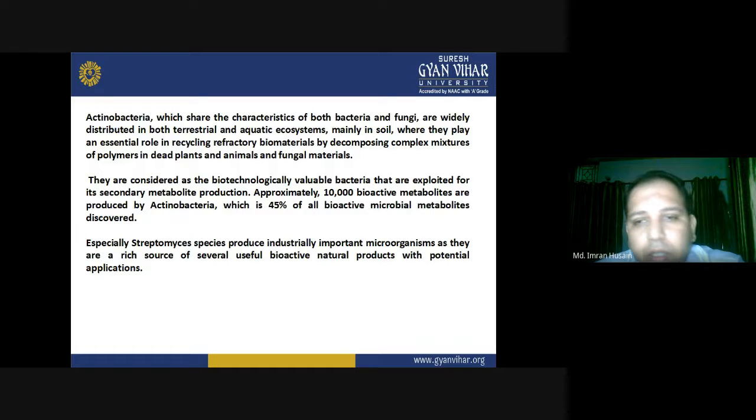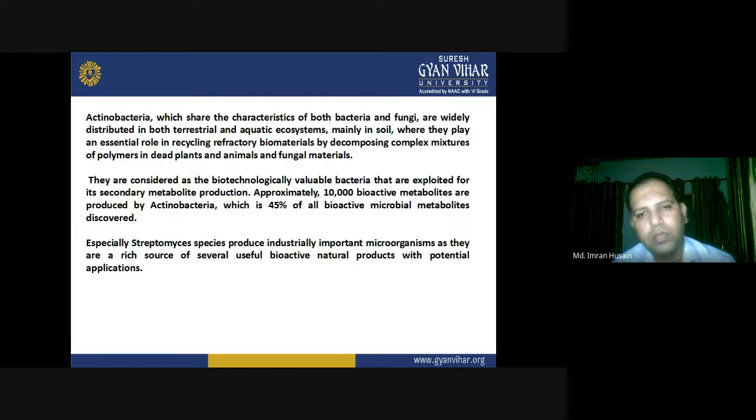They are mainly employed in the production of medicines, right? So they have started to exploit more and more of these actinobacterial species and are trying to learn properly about their behavior and their nature.